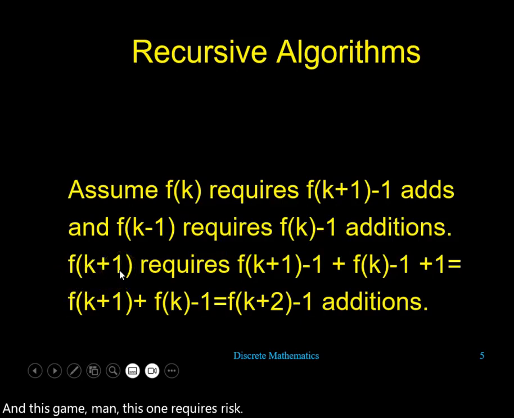Then F(k+1) is F(k) plus F(k-1), so it will require F(k+1) minus 1 plus F(k) minus 1 additions. These are the additions for computing F(k-1) and F(k). Plus 1, because we have to add those two numbers.